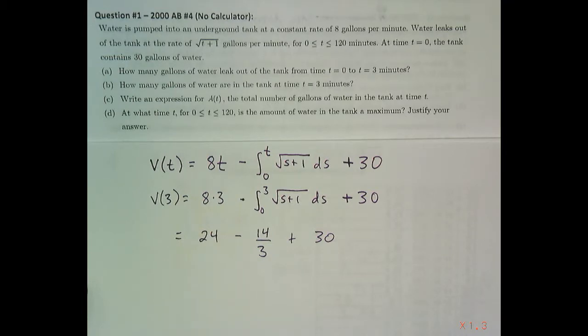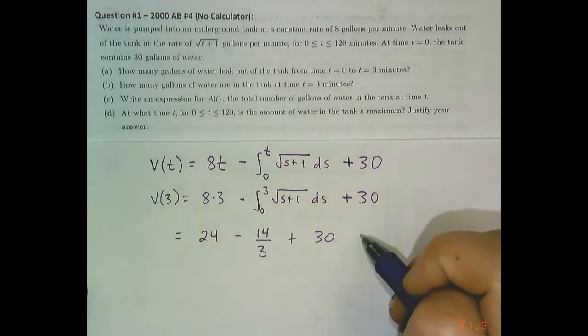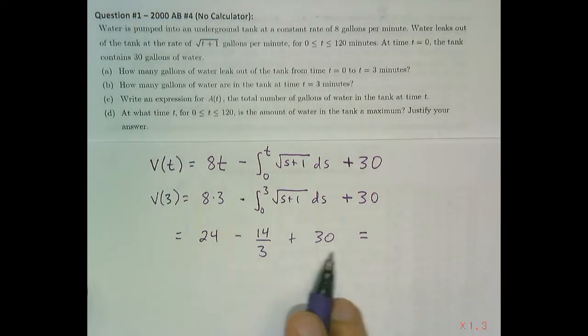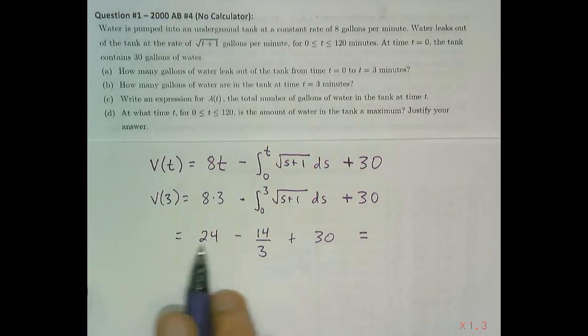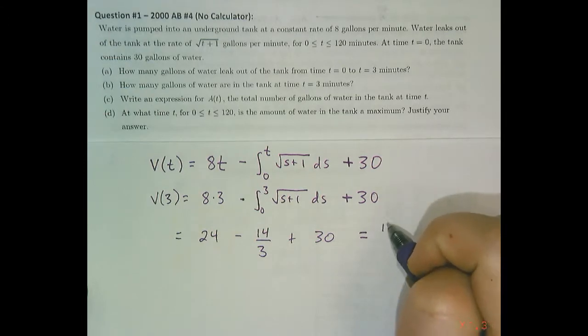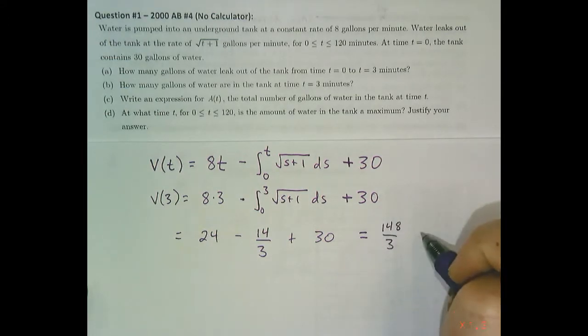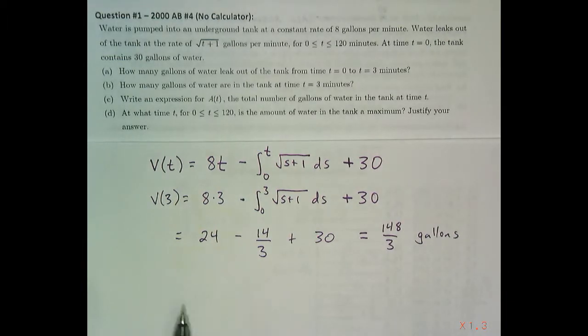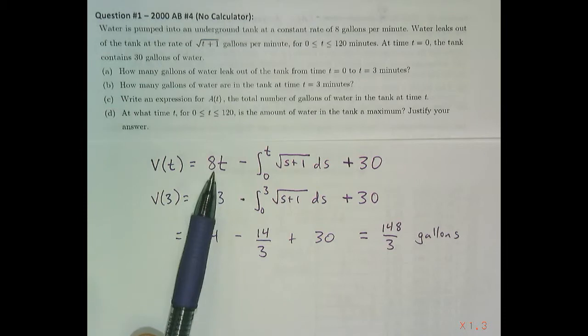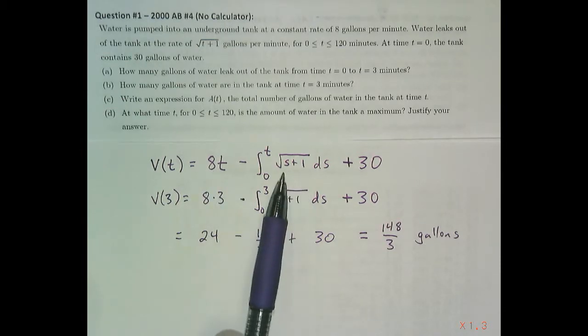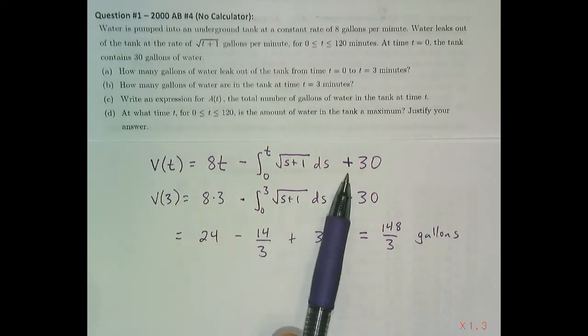You could if you wanted to. If you did go through the process of finding a common denominator and adding this all up, you'd get 148 thirds gallons. Okay. So again, I'll repeat what this is. We have water being added to the system, water being removed from the system, and the water that I start with in the system.